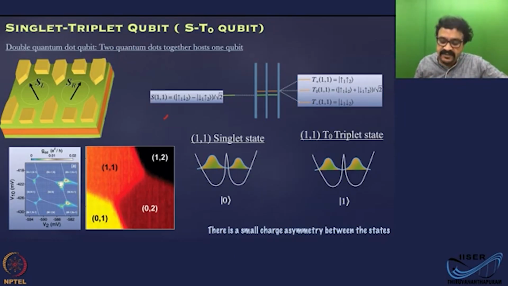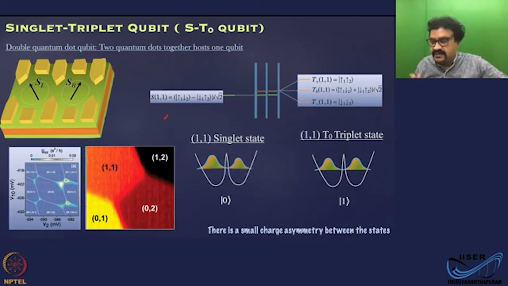The idea here is this 1-1 singlet and 1-1 triplet that you assign as 0 and 1. 1-1 singlet is 0 and 1-1 T0 triplet is 1. And there is also a small asymmetry in the charge distribution, which you have to look into in detail in the wave functions of these. But there is a small asymmetry.